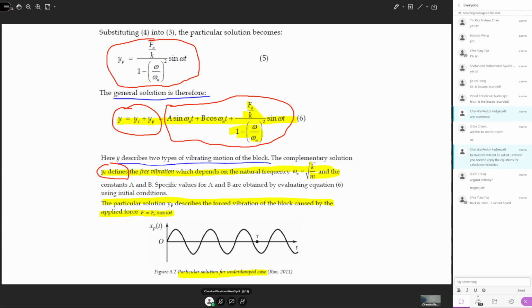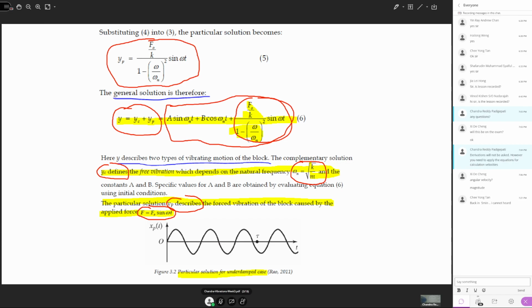So YC represents the response for the free vibration, where the natural frequency is the square root of K by M. Now Yp, the particular solution, describes the response due to the applied force. So the first one is the response for the free vibration. The second one is the response for the forced vibration.